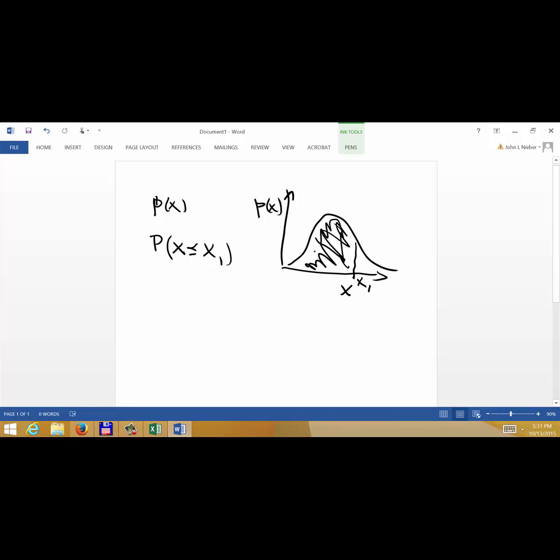The area to the left of x1 is something less than 1, and so this is just that area. If I were to plot p of x less than or equal to x1 versus x, we get an S-shaped curve that I talked about before, with the maximum value being 1.0.